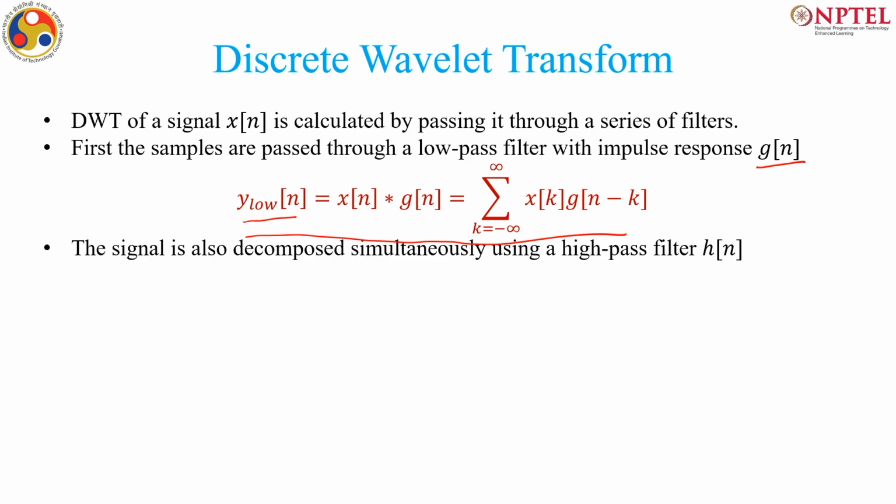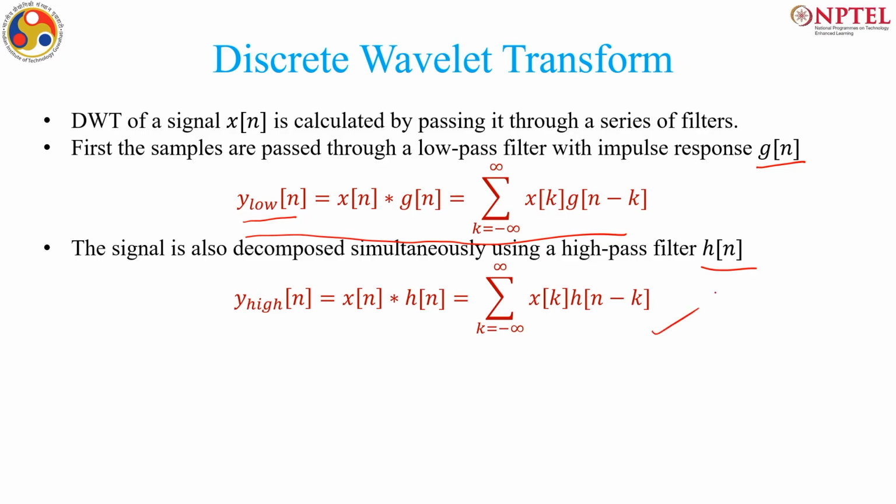Why simultaneously? Because this result is independent of the first operation, but here I will do it for a high pass filter. Now if you can relate this to the concept of filter bank, this is very much similar. So in filter bank what we were doing, we were taking a signal and then splitting it into different filters which were responsible for a specific band of frequencies.